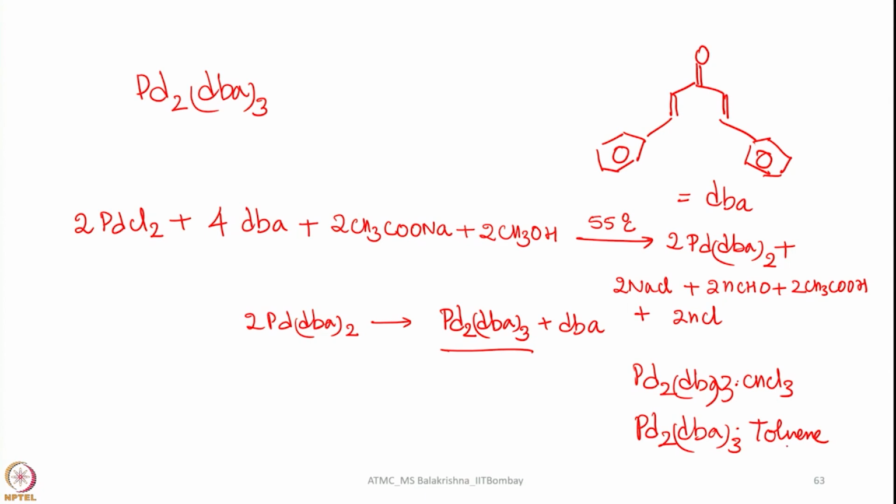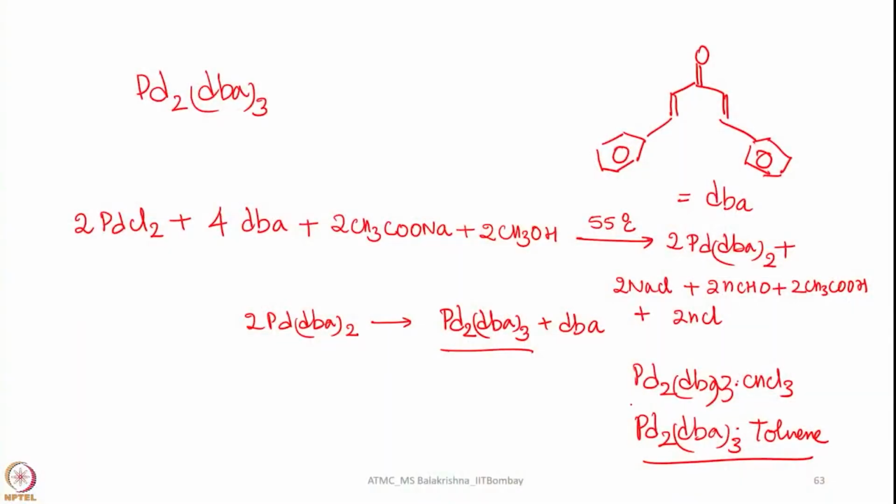If you want to use this compound free from chlorinated solvents, and you think chlorine will affect your reaction, it is better to go for the toluene solvated one. Otherwise, for most purposes one can go for this one. It gives excellent yield, and the compound crystallizes very nicely and handling is very easy.